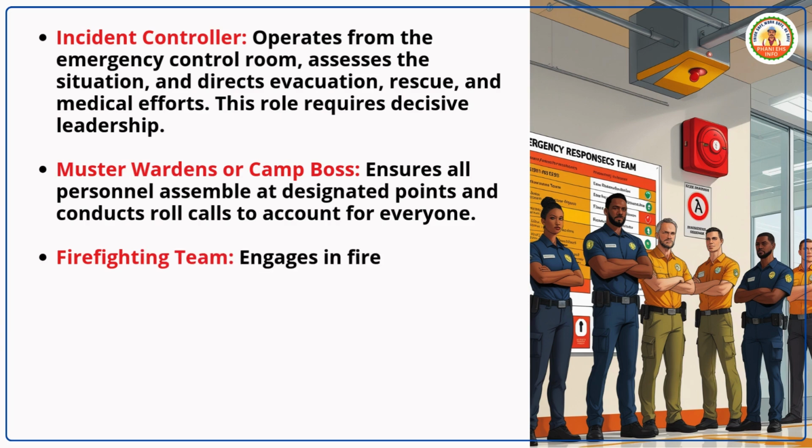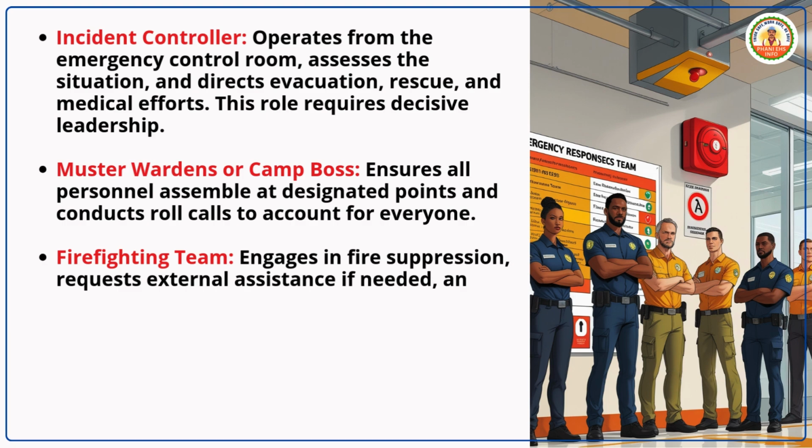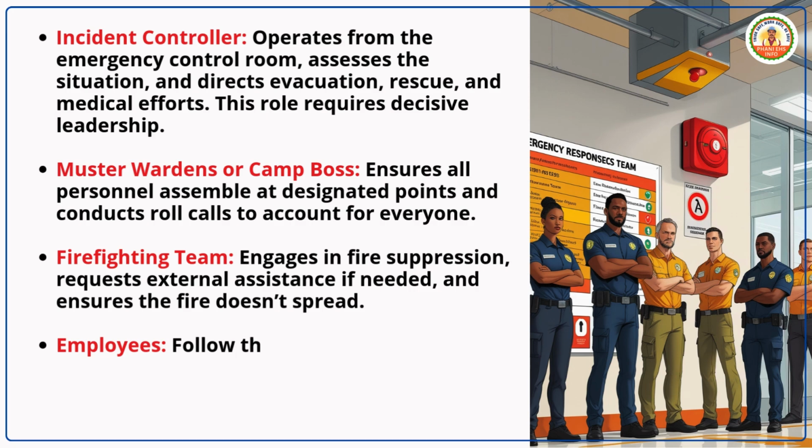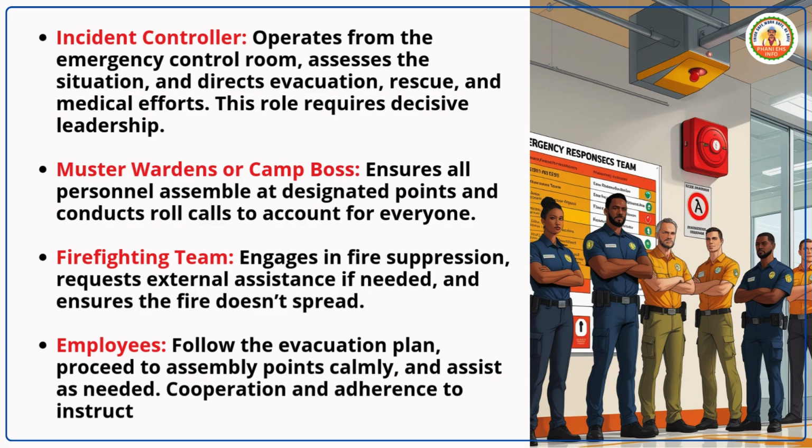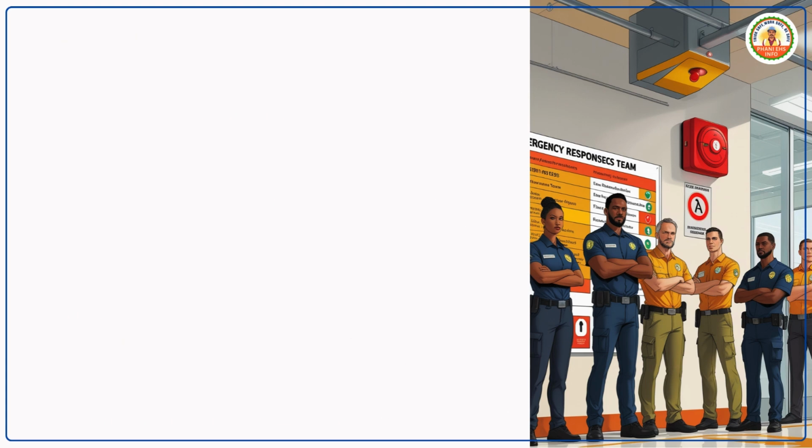The firefighting team engages in fire suppression, requests external assistance if needed, and ensures the fire doesn't spread. Employees follow the evacuation plan, proceed to assembly points calmly, and assist as needed. Cooperation and adherence to instructions are crucial for a smooth response.